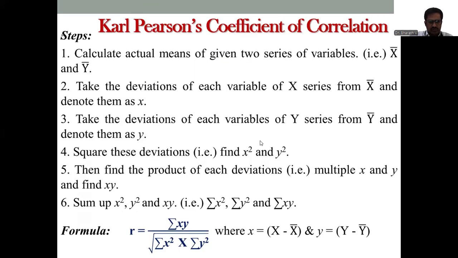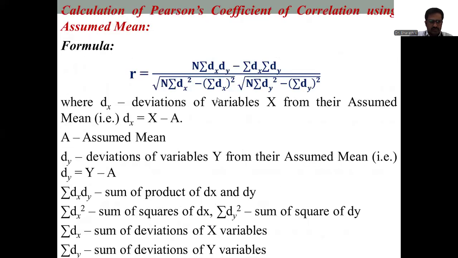This formula is based on the mean value, so we are taking the deviation from the mean. If we are taking deviation from an assumed mean, this is the formula: correlation equals n, the number of observations in x and y, times the sum of the product of deviation of x and deviation of y, minus the sum of deviation of x times the sum of deviation of y, divided by the square root of n times the sum of deviation of x squared minus the sum of deviation of x whole square.